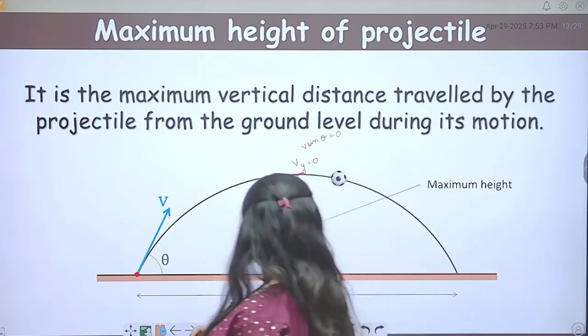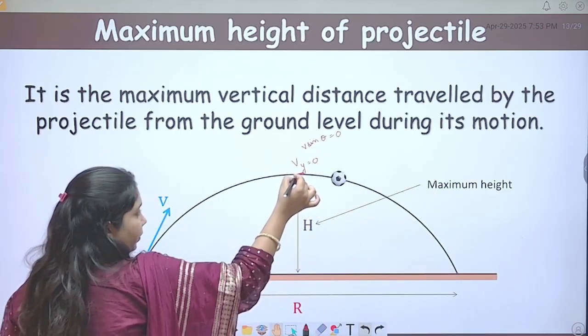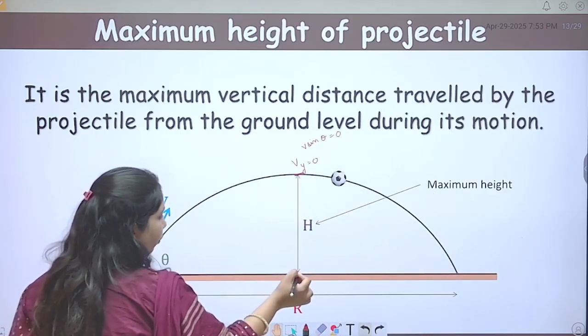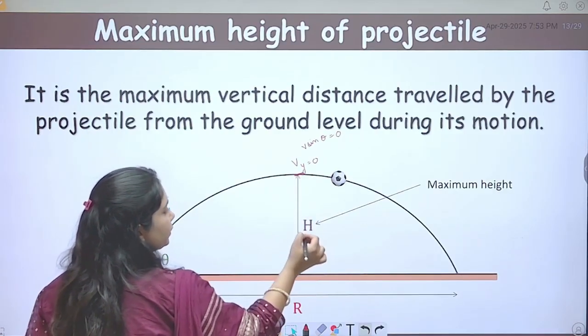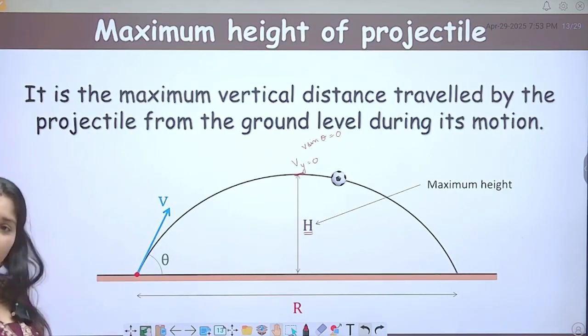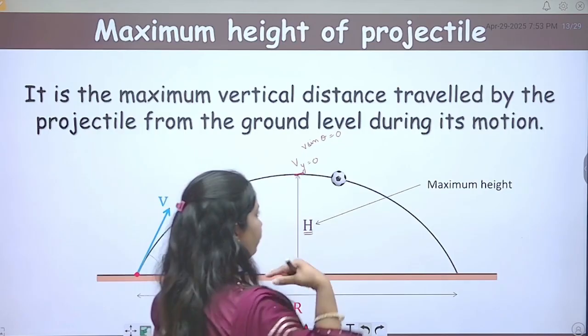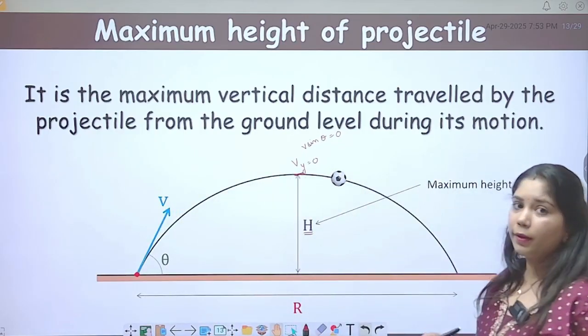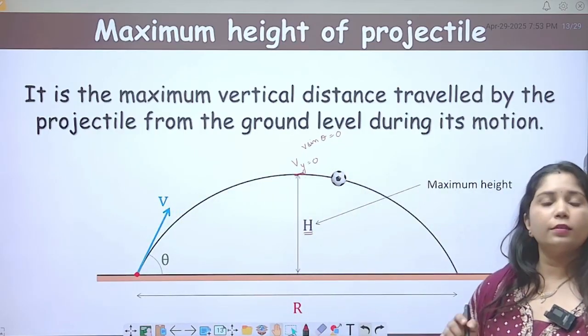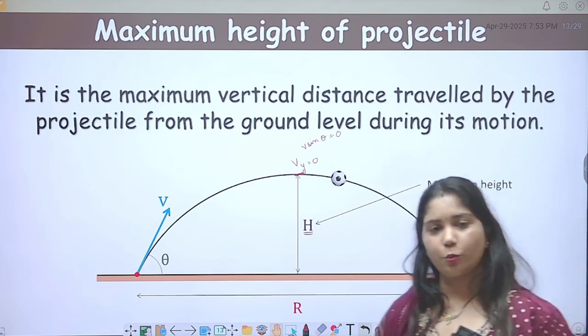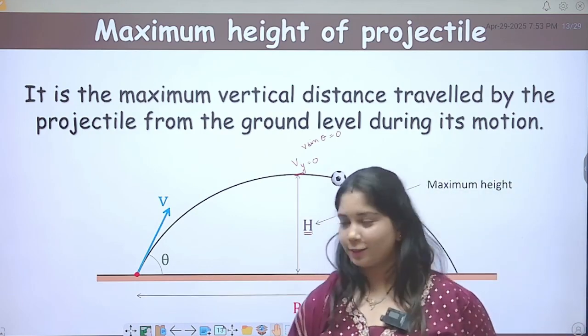Clear? From this maximum peak to ground is called maximum height. Now, to derive the formula for maximum height, you are familiar with the third equation of motion, that is v square minus u square equals 2as.